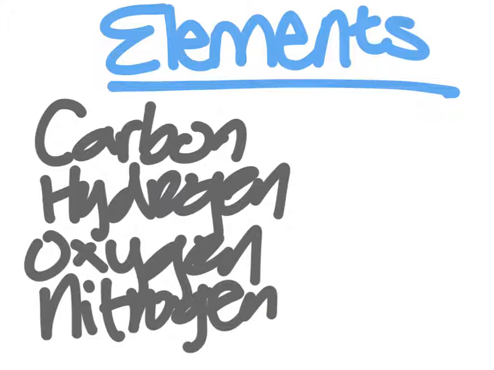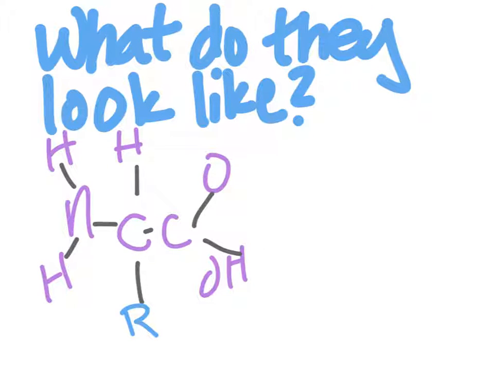So let us look at what exactly does a protein molecule look like. This is an example of what a protein molecule looks like. And we can see we have our carbon, hydrogen, nitrogen, and oxygen. So what's this weird little R thing over here?